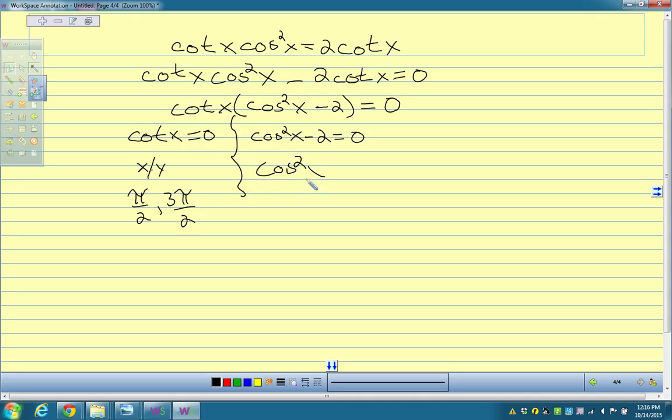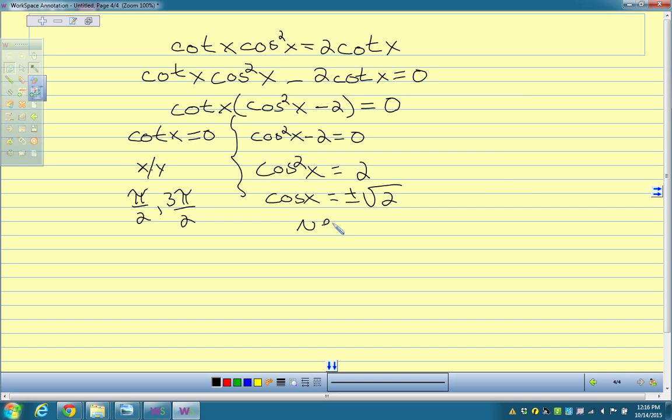Now this one, watch. Cosine squared of x is equal to 2, right? Take the square root of both sides. Cosine of x is equal to plus or minus the square root of 2. Where is cosine equal to plus or minus the square root of 2? Never.